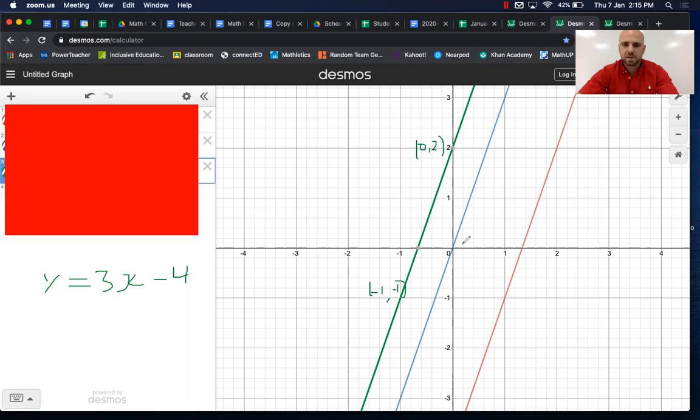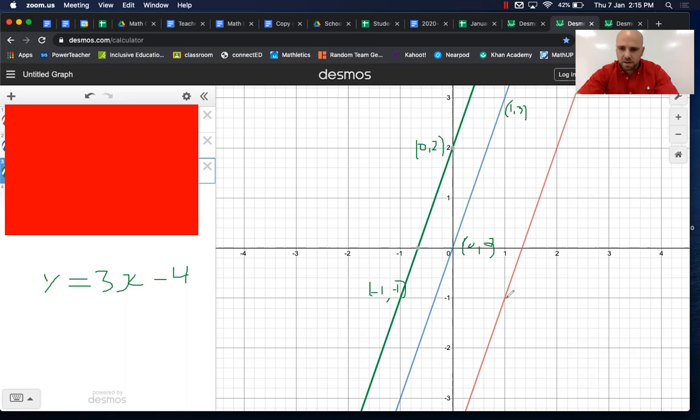For this one, let's start at (0, 0), and as it moves over 1, it goes up to (1, 3). So as it moves over 1, it moves up by 3, which means my slope, or my numerical coefficient, is 3. So far, both of these work.